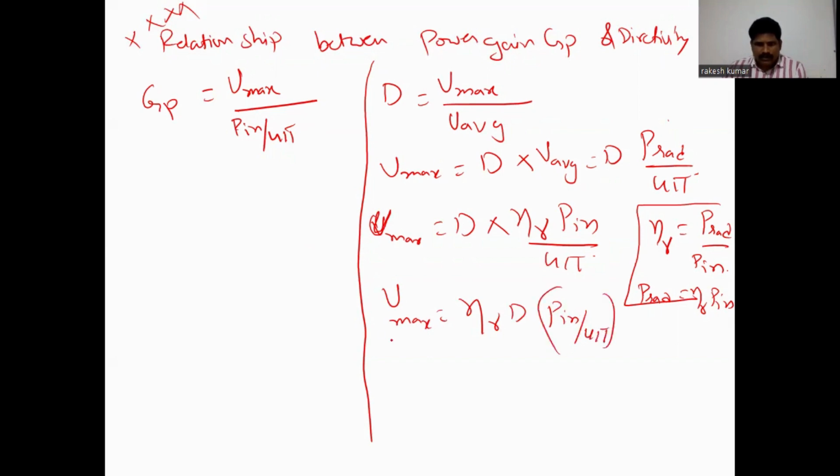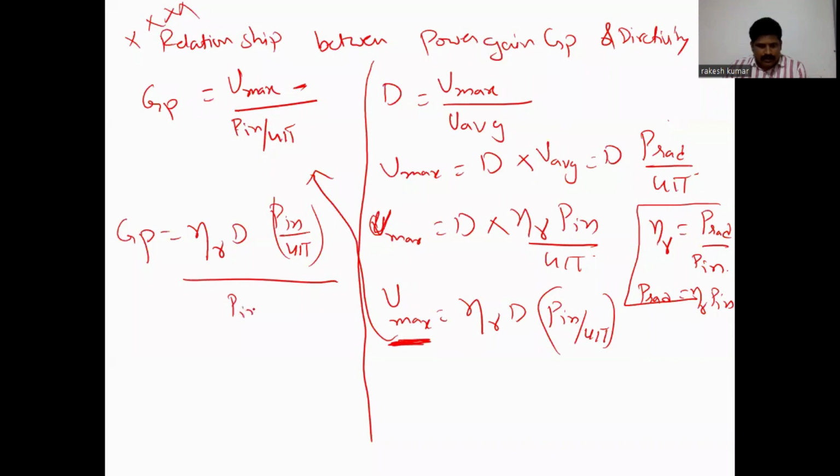Okay, so now I am replacing this U max in this equation. Therefore GP is equal to, in the place of U max, eta R into directivity into P in by 4 pi, divided by P in by 4 pi. P in by 4 pi gets cancelled.